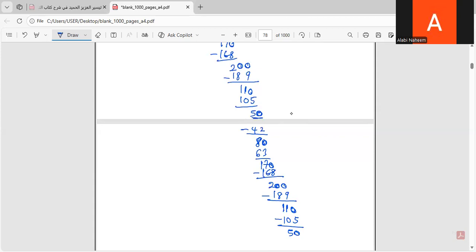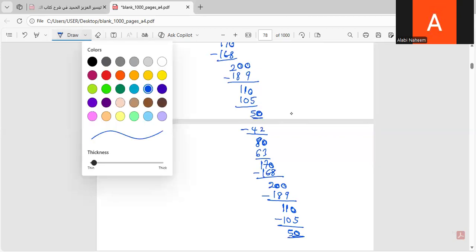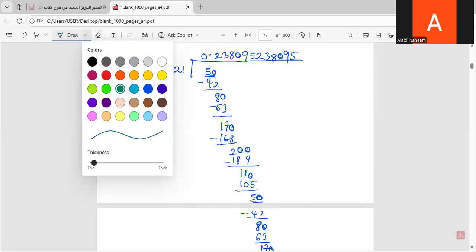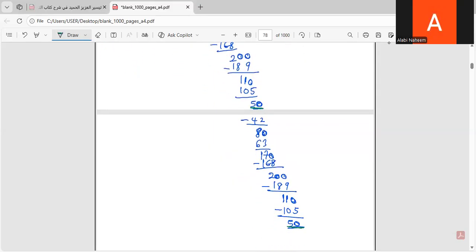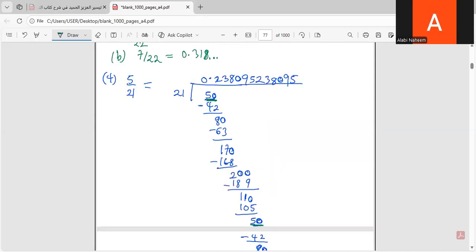Now 21 in 50. This is where exactly we started. After some time, we got to 50 again. Each part is repetitive: we have 238095, and if you continue, we also have 238095. So it's a non-terminating recurring decimal.